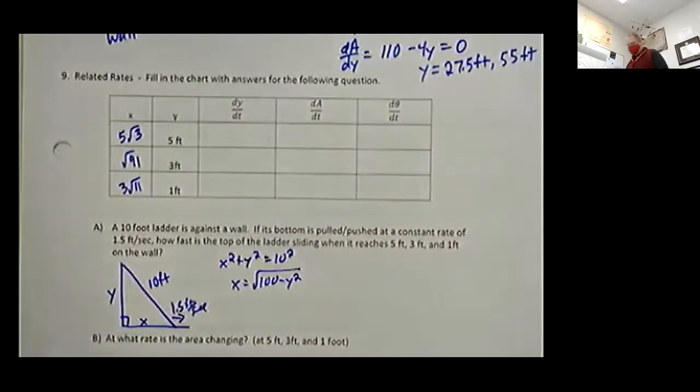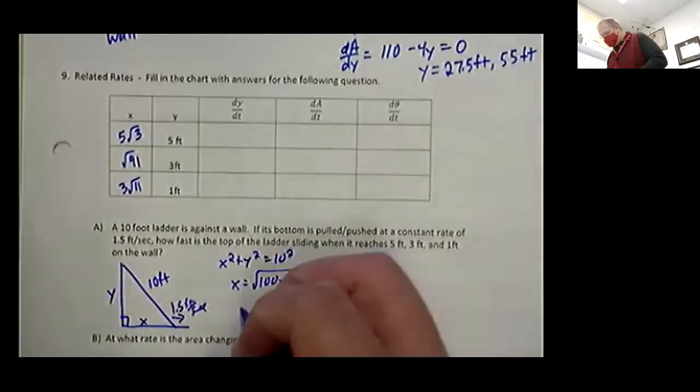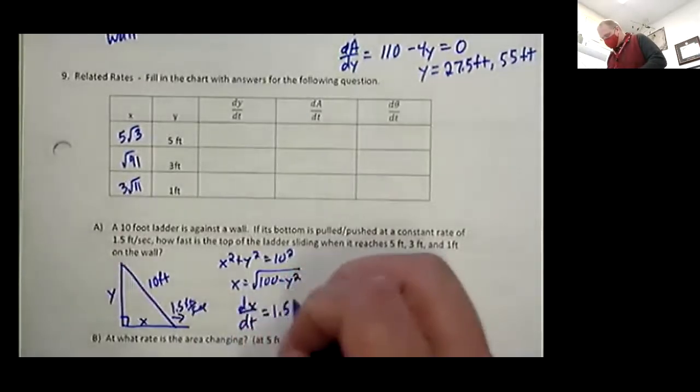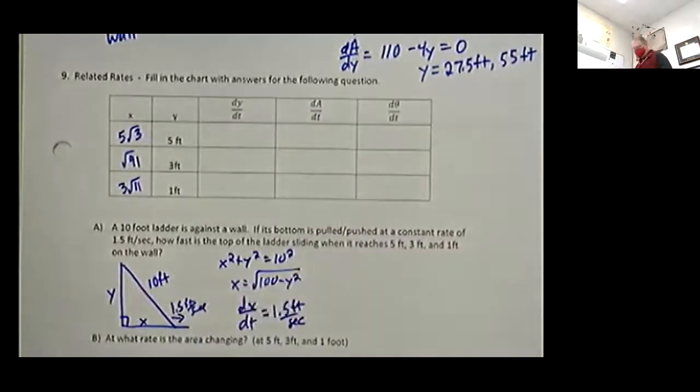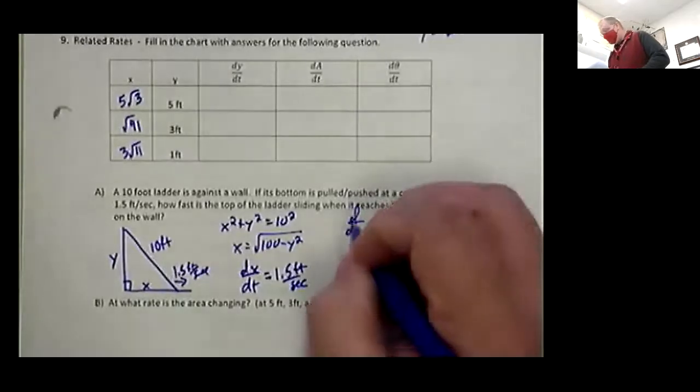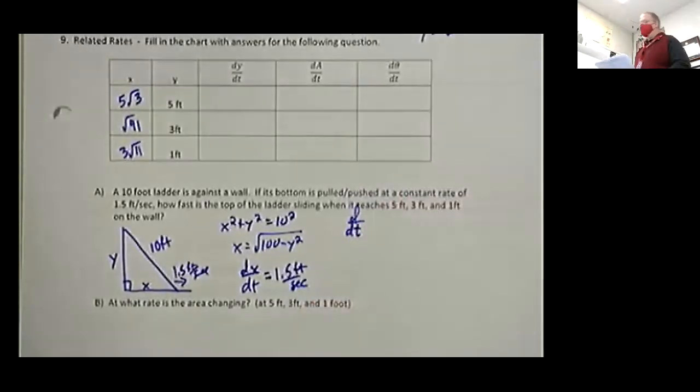Now we want to find the dy dt. Also note dx dt was a positive 1.5 feet per second. Positive means we have to be going to the right. Now we need an equation to differentiate. Which equation are we going to differentiate? And we're going to differentiate it with respect to t, in respect to time.